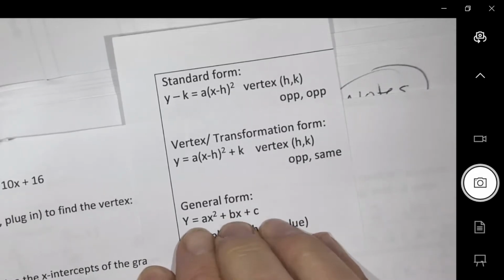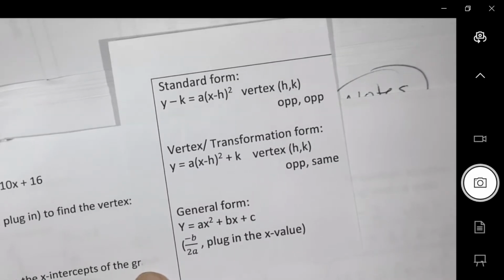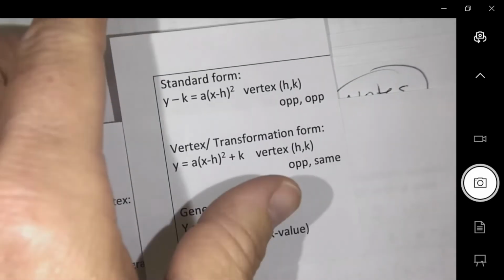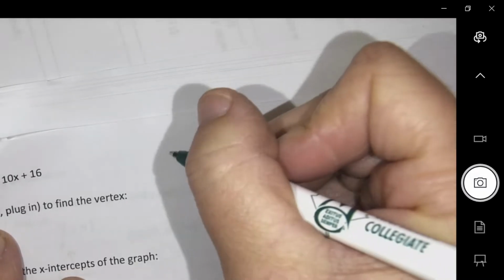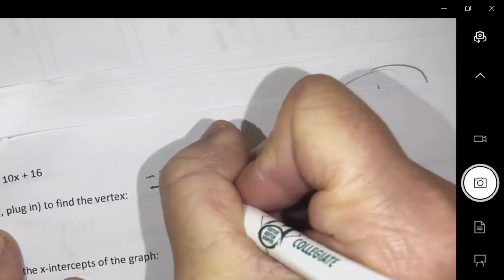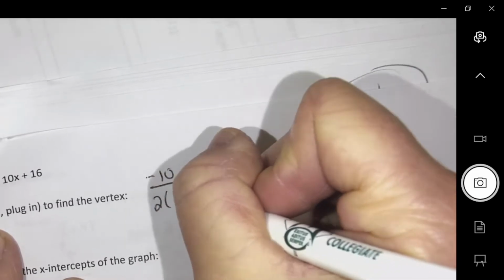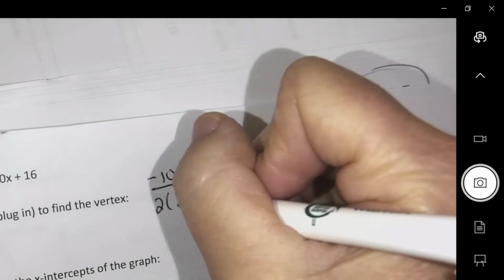Okay, so you just get that equation, so you have to have it in your head that you've got to do the -b over 2a. Okay, so here we go. -b means to do what number? -10. 2 times, what is the value for the a? 1.